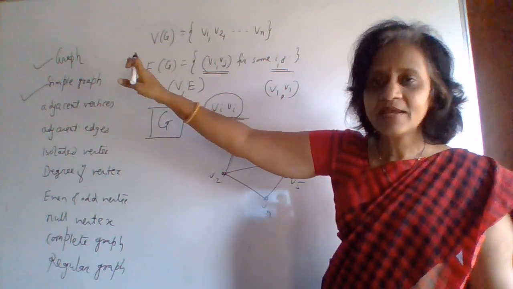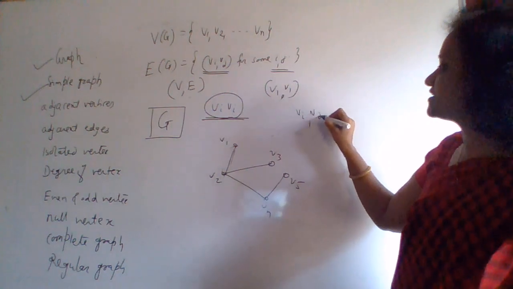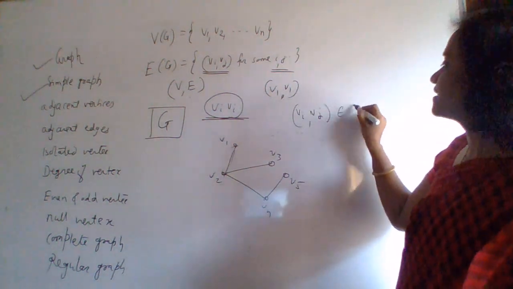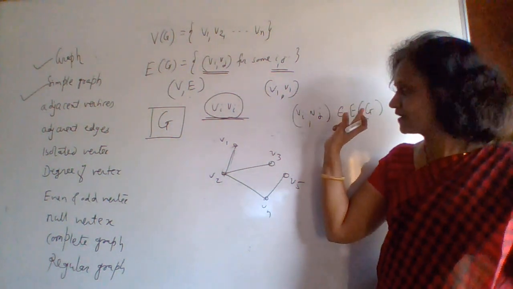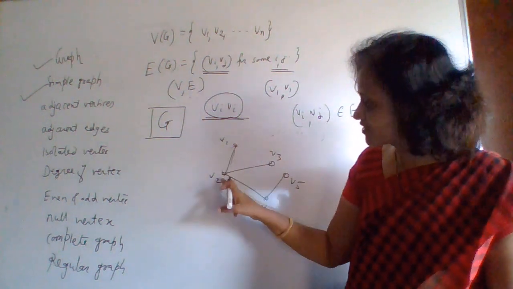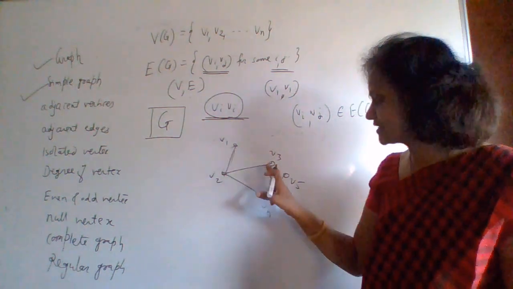In general we say Vi and Vj are adjacent vertices if ViVj belongs to E(G), that is the edge set of G, meaning ViVj is an edge. So you can see here, for example, V1 and V2 are adjacent, but V1 and V3 are not adjacent.